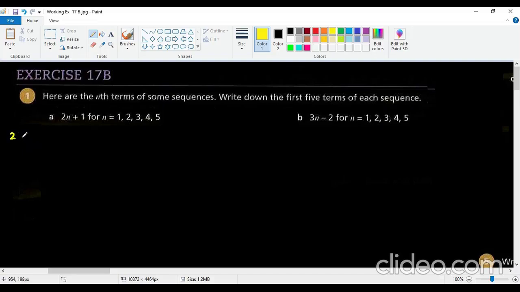For that I will write this 5 different times. In your exams or in the test, and also in your notebook, you have to write the term rule 5 different times. The first, second, third, fourth, and the next one is going to be the fifth one. And I will replace n with 1, 2, third term, fourth term, and fifth term.